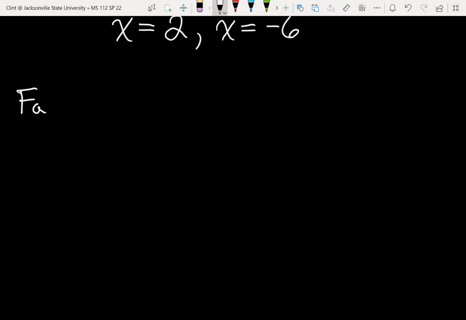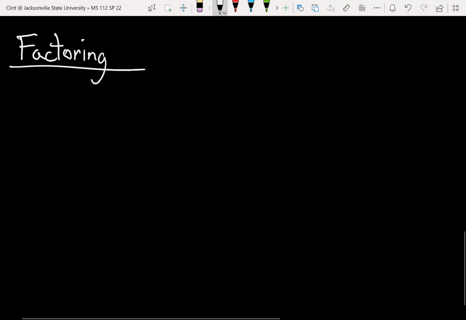Then we've got old reliable. We can use factoring sometimes. Factoring.